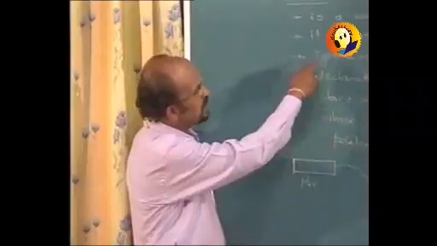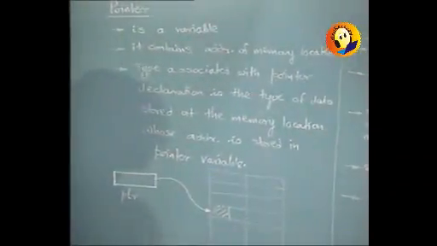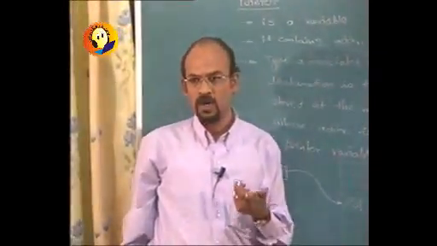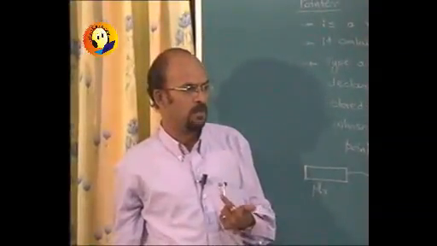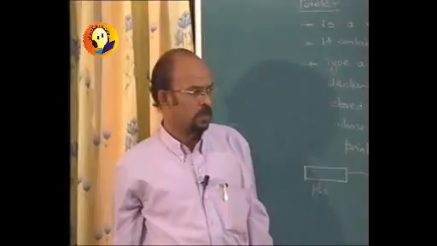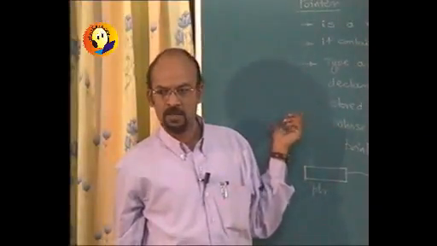All the pointers will be containing the address of the memory location, and the address of a memory location is not going to be a different one for integers and for float. It is going to be the same address. The address is always going to be of the same size. So far as pointers are concerned, they will all have the same size.